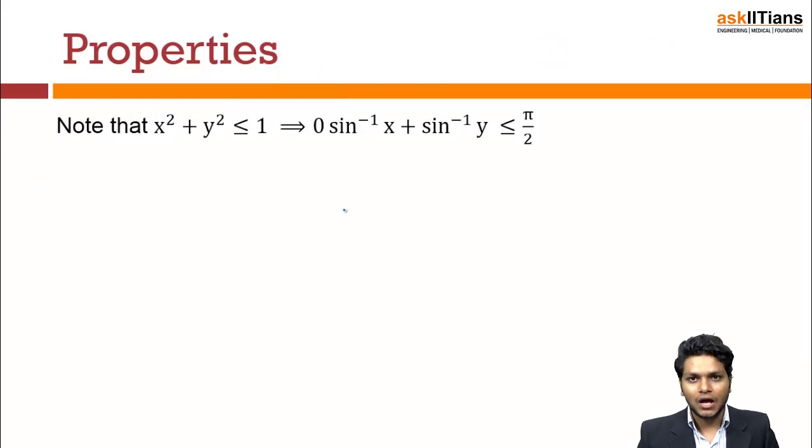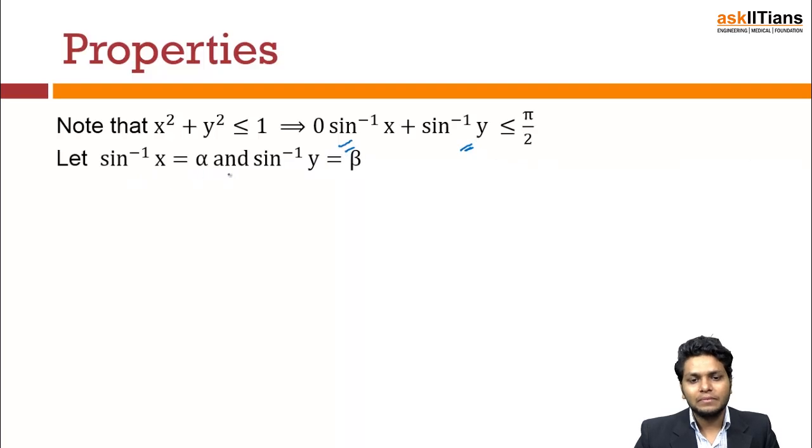So let's see how to get to the formulas that I have just stated. As we know, if x square plus y square is less than 1, then sine inverse x plus sine inverse y is definitely going to be less than pi by 2.